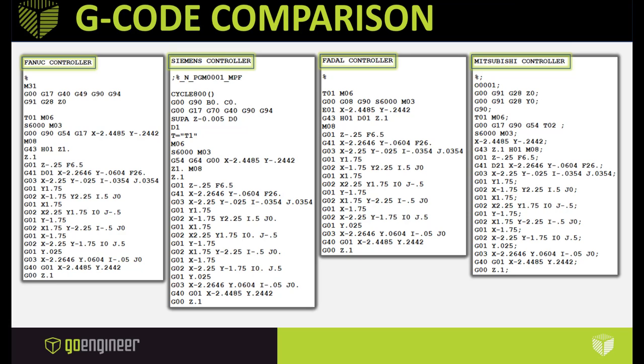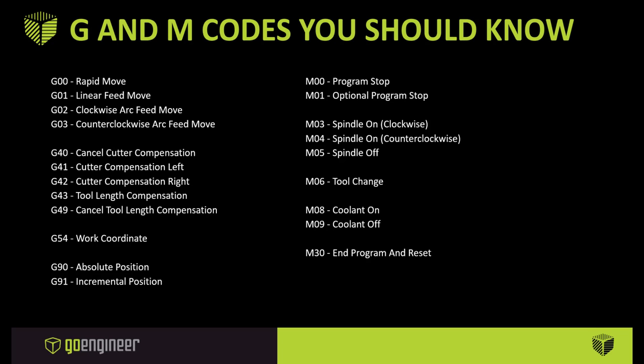It has to be precise, using the correct G and M codes in the correct order. Otherwise, you will be vulnerable to unexpected outcomes, also known as a crash. For this reason, I've put together a list of common G and M codes that will be in almost every NC program you run. I highly encourage you to memorize these, as well as keeping a complete list of G and M codes nearby to reference it when needed.